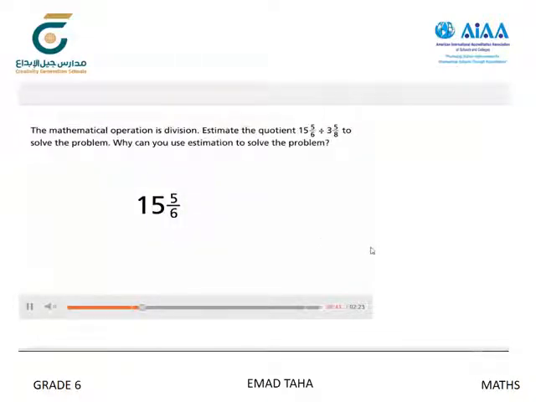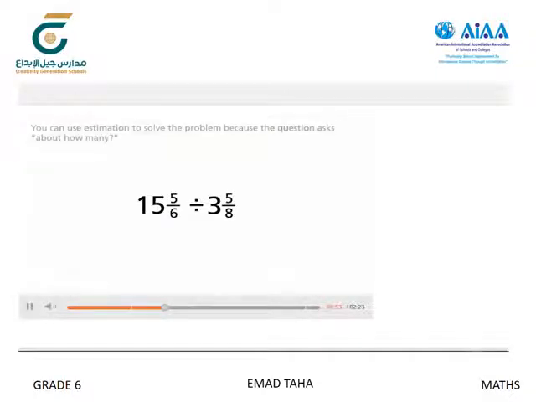Estimate the quotient 15 5/6 divided by 3 5/8 to solve the problem. Why can you use estimation to solve the problem? You can use estimation because the question asks about how many. Here is one way to solve the problem. Round to the nearest whole number by comparing the fractions to 1/2.